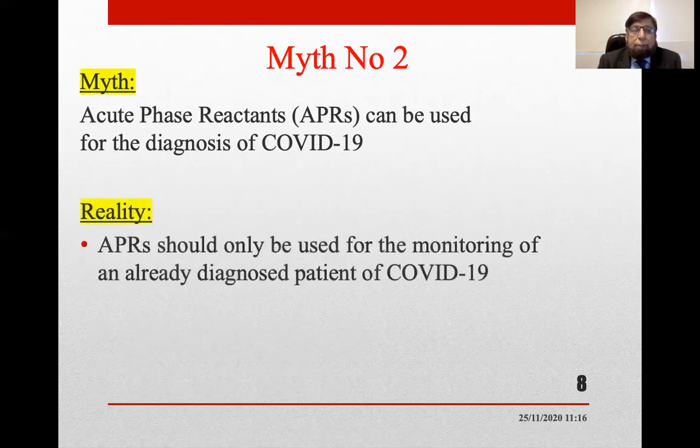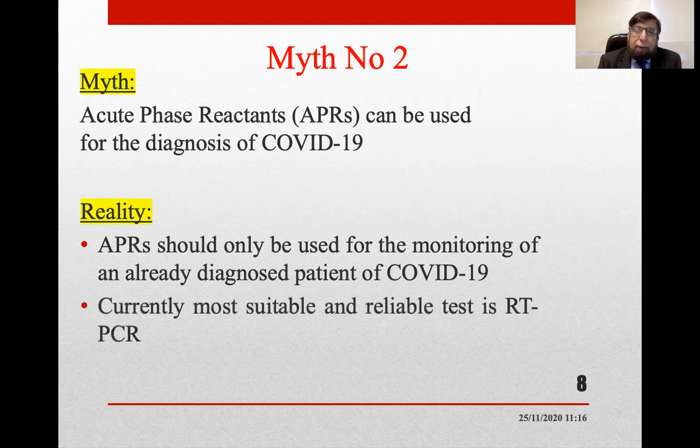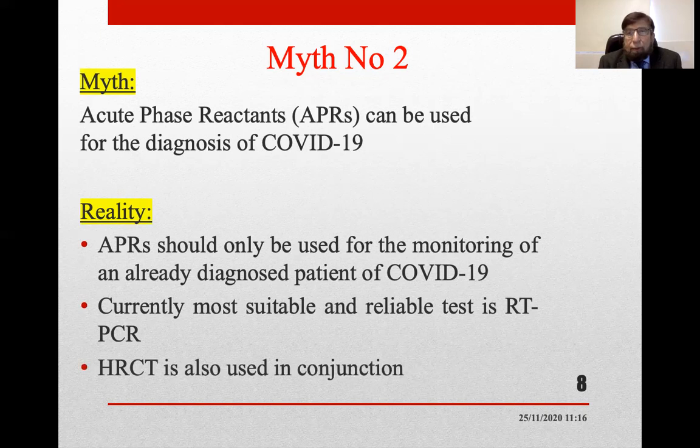In reality, acute phase reactants should only be used for the monitoring of an already diagnosed patient of COVID. So they are markers for monitoring the severity of the disease. Currently, the most suitable and most reliable test is RT-PCR. HRCT is also good. We will not talk about it because it's not in our domain, but sometimes it can be used for diagnosis also.